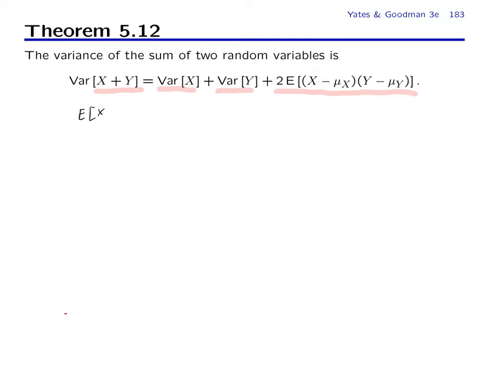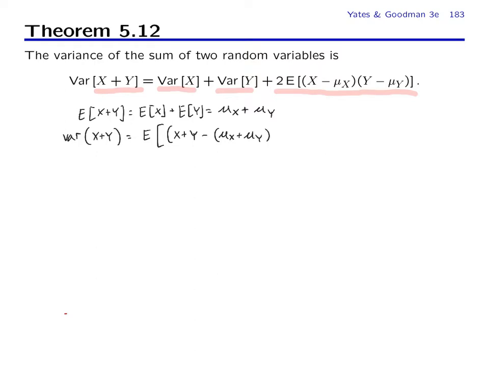So we know that E of x plus y is equal to Ex plus Ey, and for convenience, we'll call those mu x and mu y. And then the next step is to recall that the variance of x plus y has to be equal to the expected value of the random variable, which is x plus y, minus its expected value, which is mu x plus mu y, and then the whole thing has to be squared.